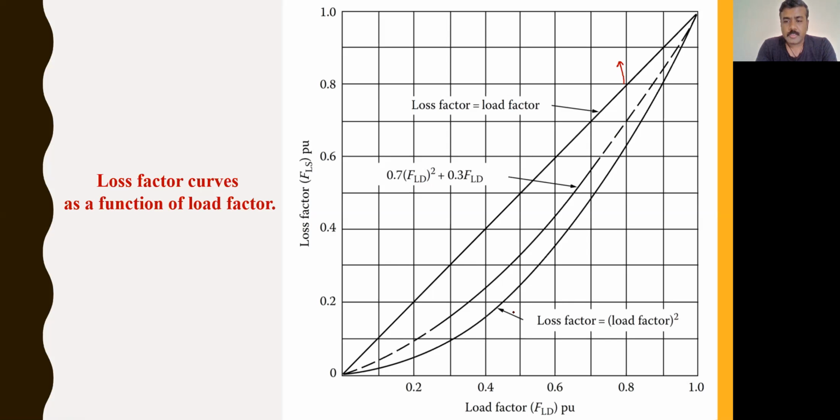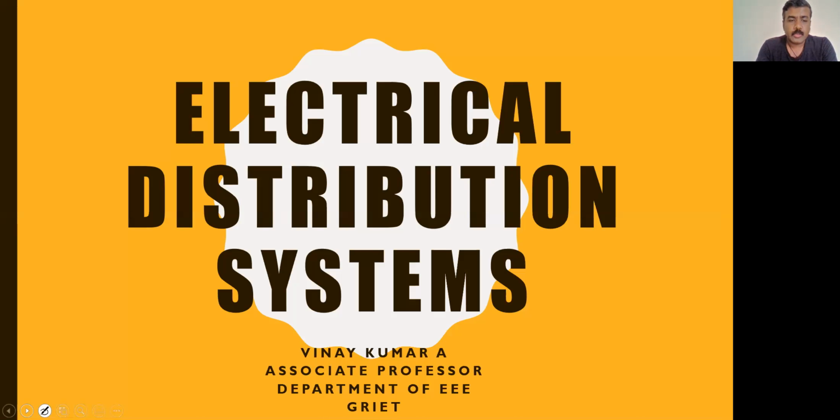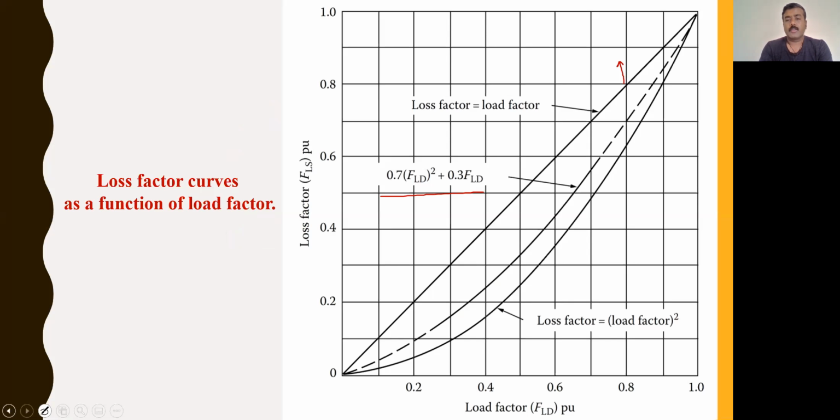The second curve, a hyperbola, is where the loss factor is equal to the square of the load factor. And the third case is 0.7 times the square of the load factor plus 0.3 times the load factor. All three cases lie under these values, and depending on the requirement of the system, these two considerations have to be assumed, and the relation may be observed with respect to the conditions of the loads.